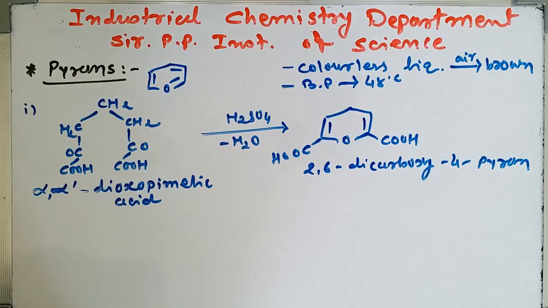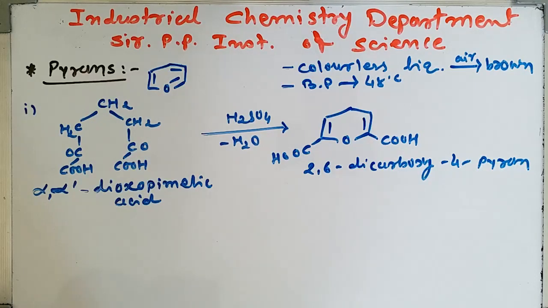It is due to the fact that although pyran has 6 electrons, 4 from 2 pi bonds and 2 from the oxygen atom, C4 is sp3 hybridized and has no p orbital available for cyclic p orbital overlap.